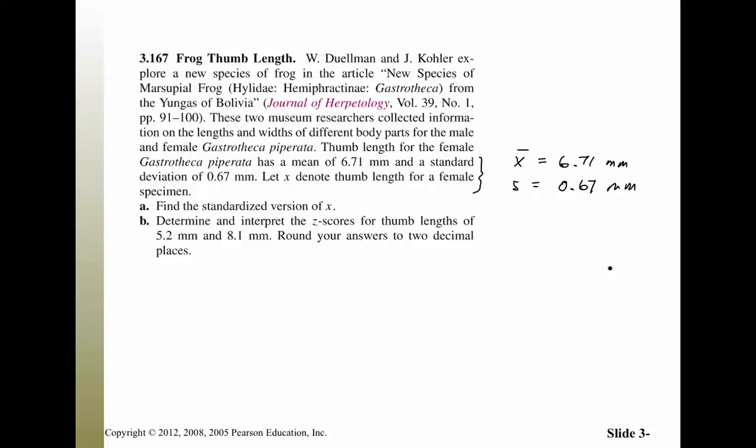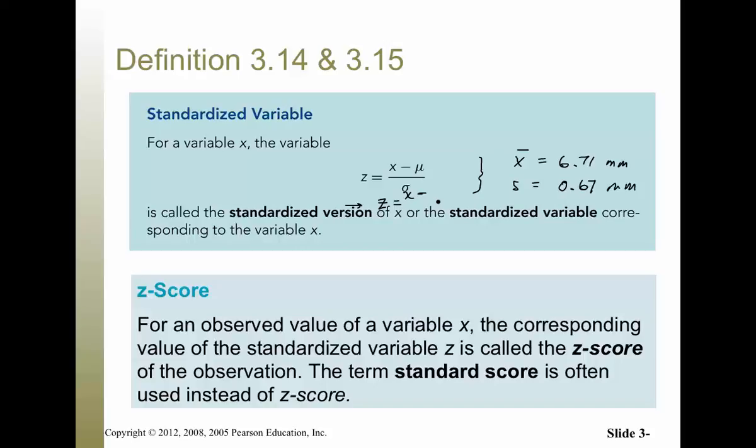Okay, so the standardized version of x we just said was z, right? So z equals x minus... what did it have? Let's see. Oh, so it's talking about population. So that is population data. They're talking about the population, right? Because that's population mean and population standard deviation.